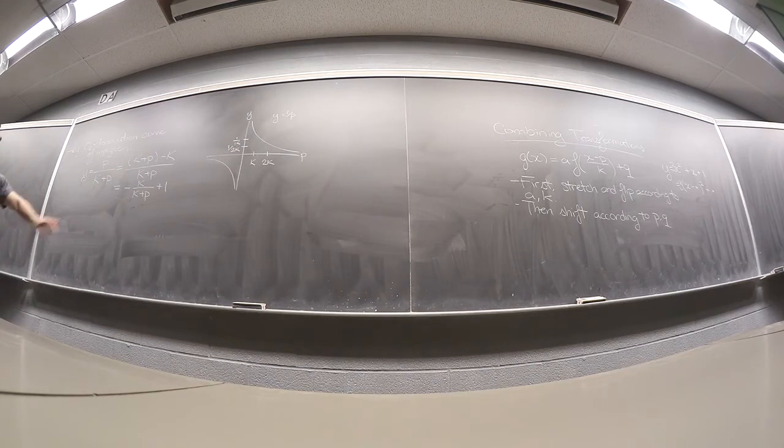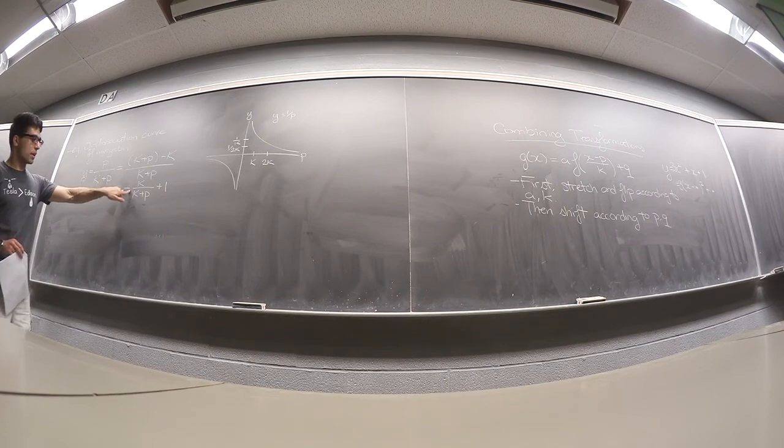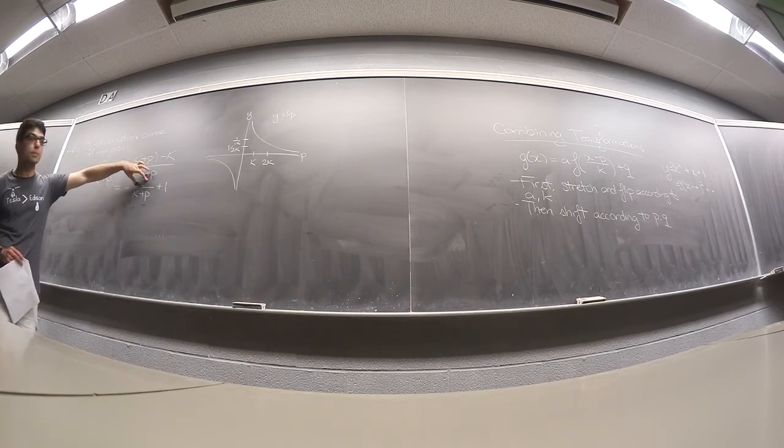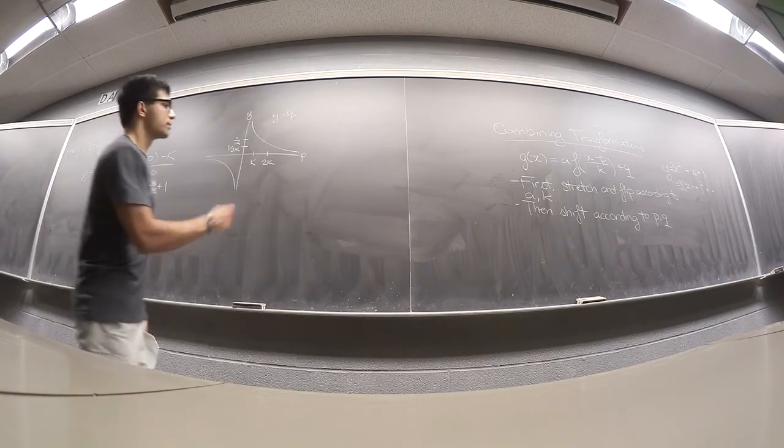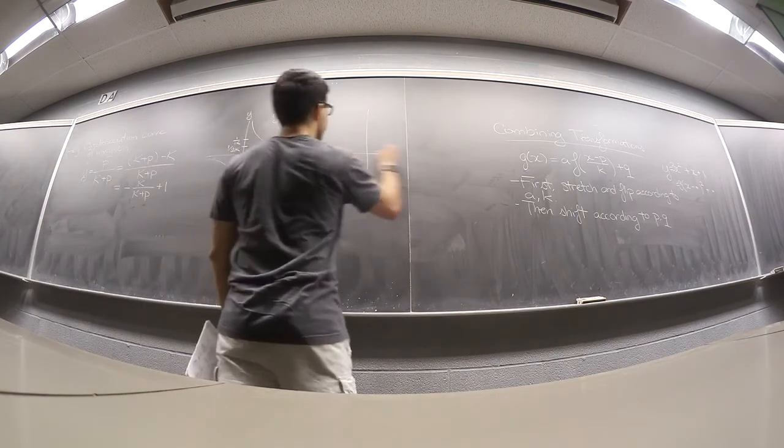Now what do I need to do to that to get the graph of this? What do I do first, stretches or shifts? Stretches. Good, stretches and flips first, okay?